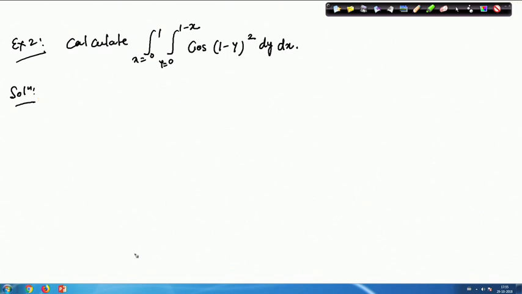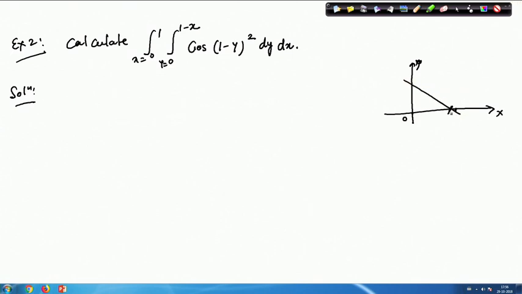Solution. First of all, let us draw this region. Here our x is running from 0 to 1 and y is running from 0 to 1 minus x. So it's basically a straight line, x plus y equals 1. So let us draw that line.